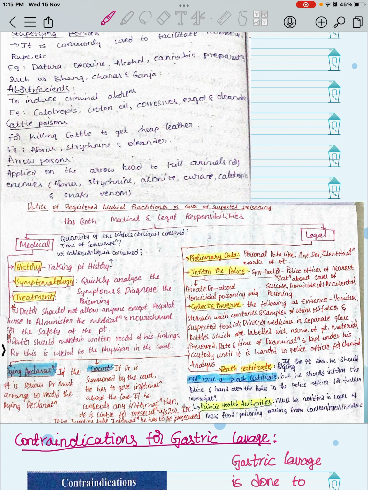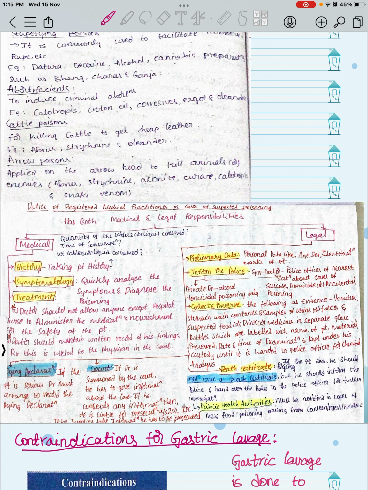We should ask questions such as the quantity of the tablets or liquid consumed, time of consumption, and what tablets or liquids were consumed, which means what type of poison you have taken. These are the questions you have to ask the patient if we suspect that the patient has taken poison.